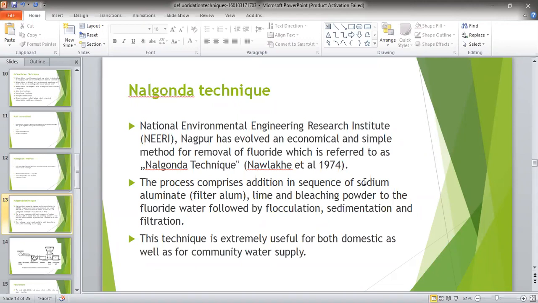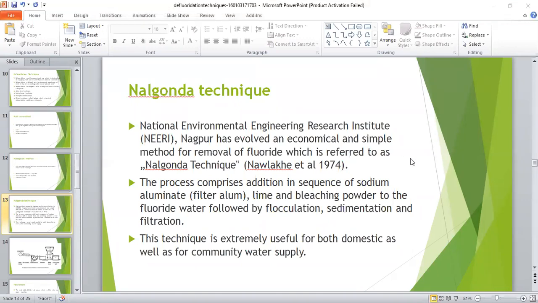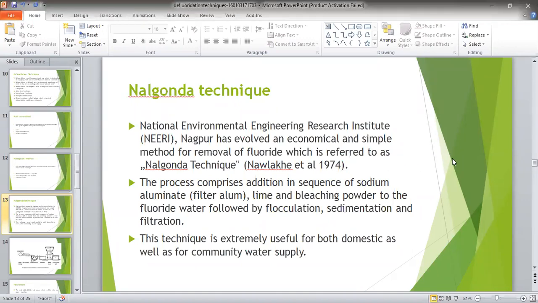That is a very economical and simple method for removal of fluoride, okay, known as Nalgonda technique. The process basically comprises the addition of sodium aluminate, lime, and bleaching powder to the fluoride water, followed by flocculation, sedimentation, and filtration methods. ठीक है, इसमें बेसिकली हम करते क्या है कि फ्लोरिडेटेड वाटर में सोडियम एल्यूमिनेट, लाइम, ब्लीचिंग पाउडर ऐड करते हैं.